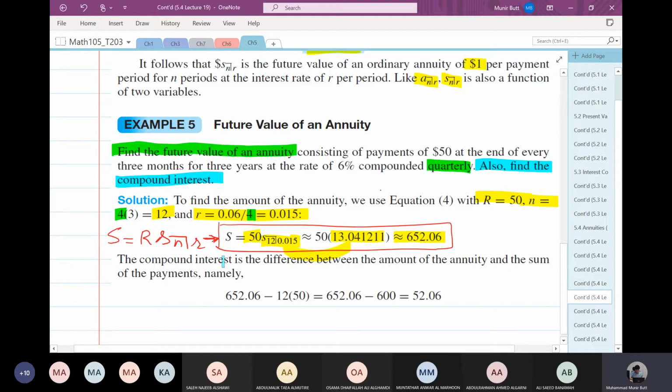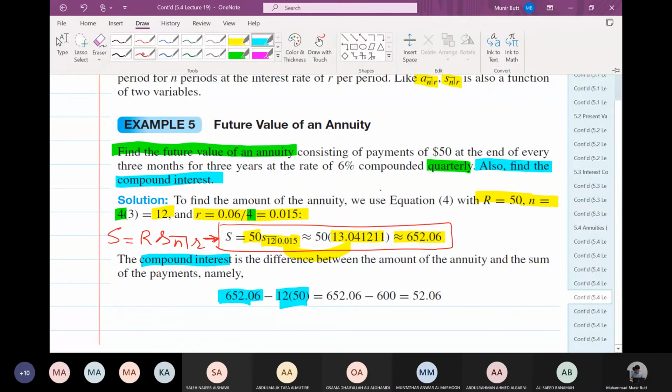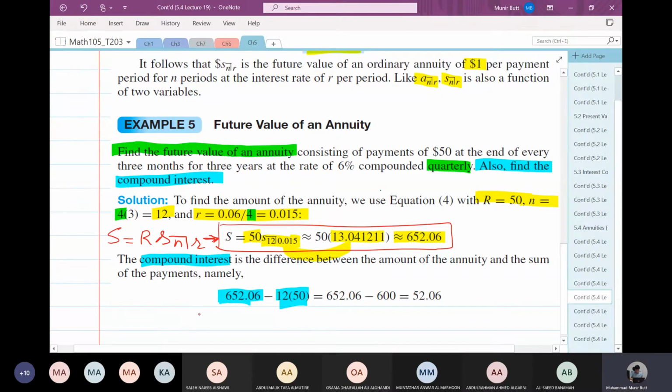So the compound interest will be equal to what we have, the total sum now, and what we expect in 12 periods. So we have the sum 652.06 and then minus. In one quarter we have a $50 payment.